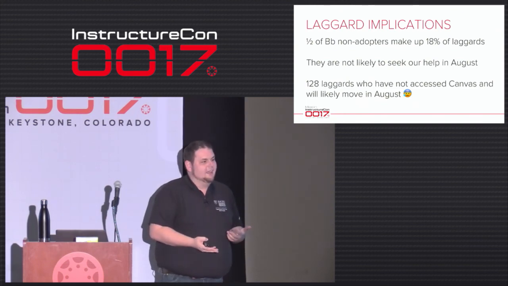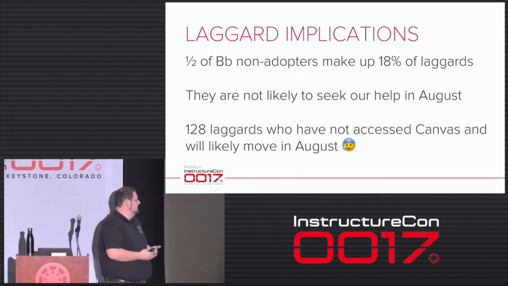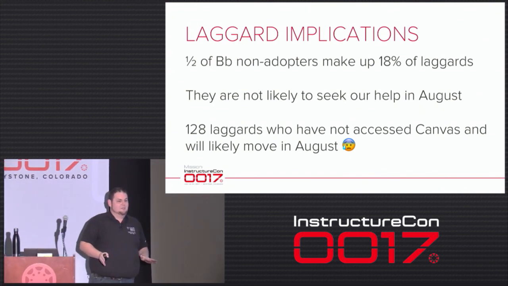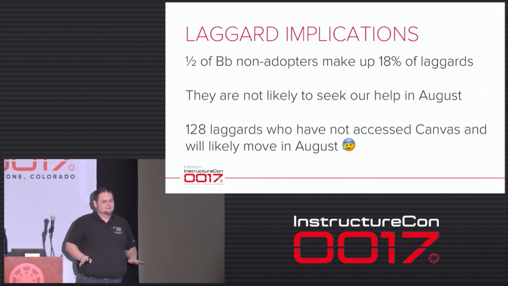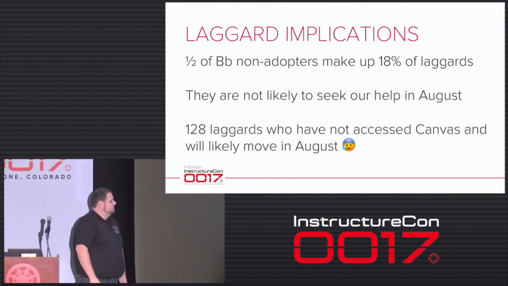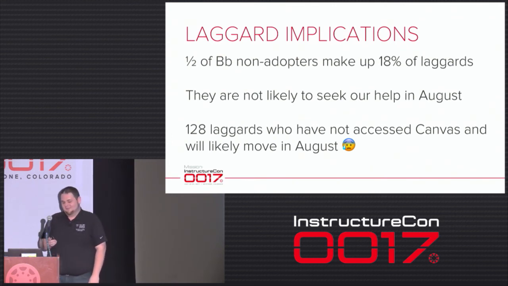They're probably not going to ask us for help in August. But 128 Laggards who have not accessed Canvas will probably move in August because they didn't fall into the non-adopter query. So there's going to be people to help. But I think we're ready.